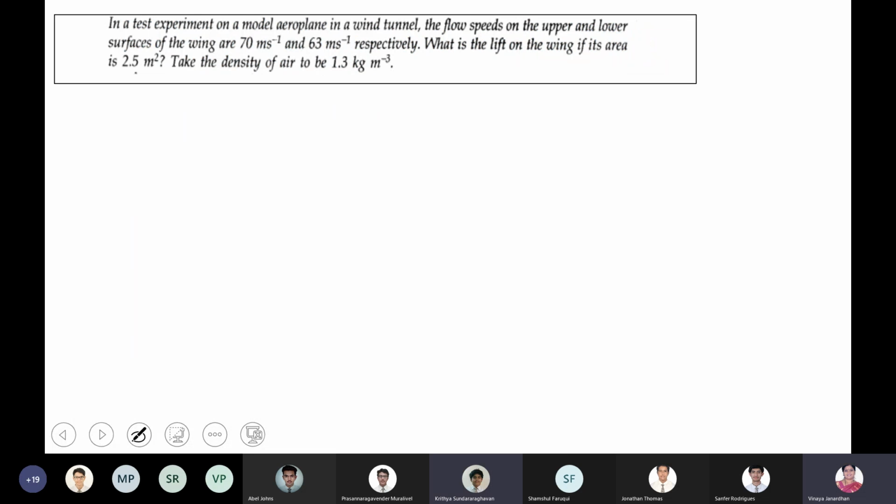In a test experiment on a model aeroplane in a wind tunnel, the flow speeds of the upper and the lower surfaces of the wing are 70 meter per second and 63 meter per second respectively. What is the lift on the wing if its area is 2.5 meters square?